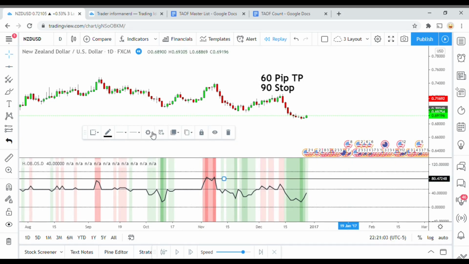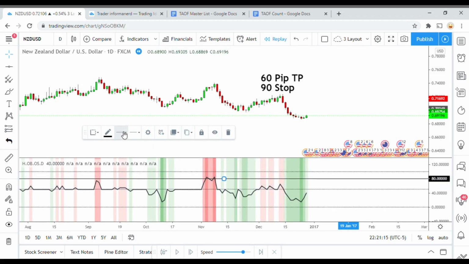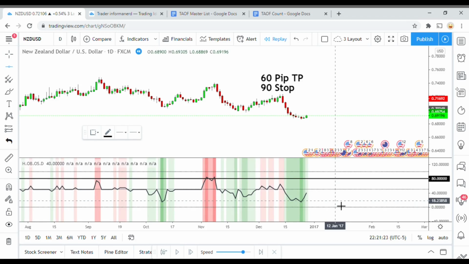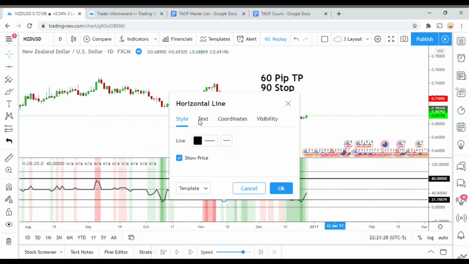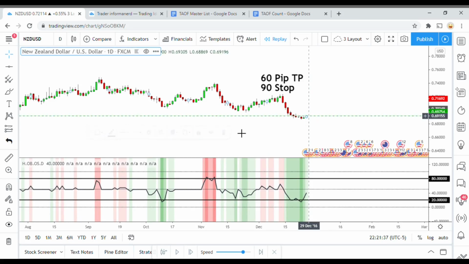mark out another area on, let's see here. There we go. I'm going to mark out actually two other areas here. One at the 80 level, one at the 20 level.